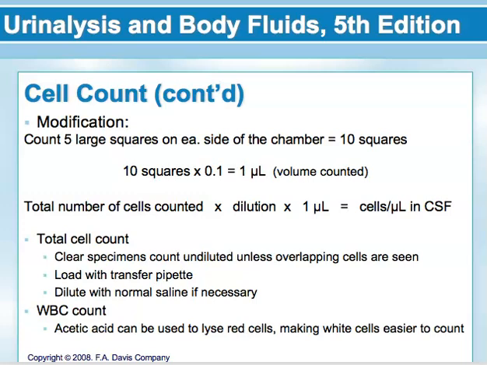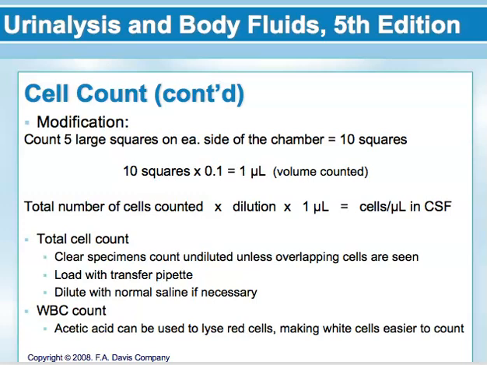It counts the same squares each time, so that's one of the criteria. When using this formula, there's no need to correct for volume counted as long as the same squares are counted. So the modified formula uses the 4 corner and the 1 center square of the white cell counting chamber. Again, it's the picture that we just looked at.